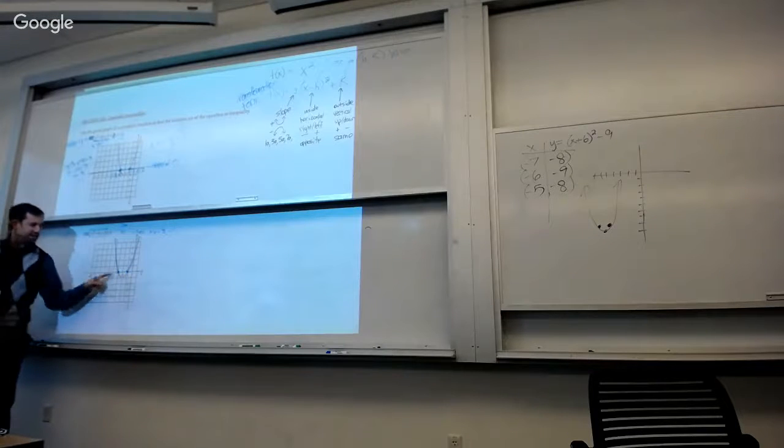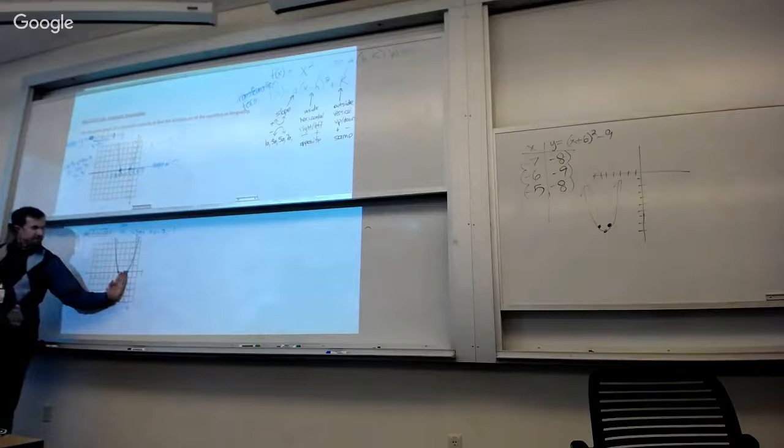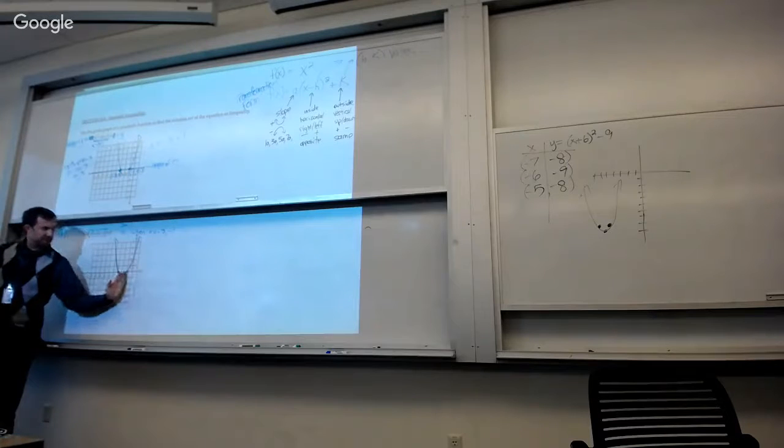The parabola will be above the x-axis when your x value is anything to the left of -3. If you plug in -4, you're up here. If you plug in -5, you're up here. If you plug in -6, you're up here. So we're looking at all the x values to the left of -3, or all the values of x to the right of -1.